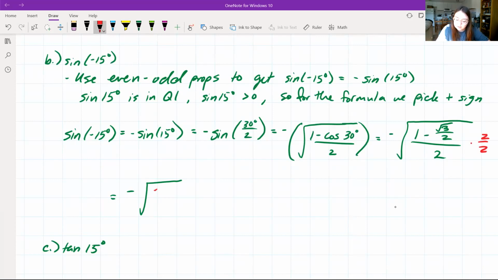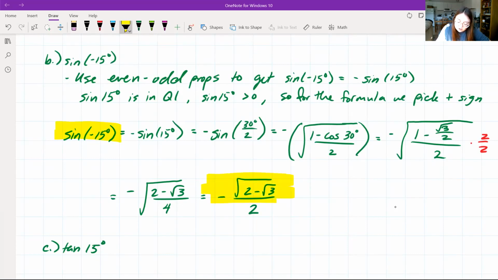This gives us negative square root of 2 minus the square root of 3 over 4, which then we simplify to square root of 2 minus the square root of 3 over the square root of 4, which we know is 2. So sine of negative 15 degrees will end up being negative square root of 2 minus the square root of 3, all divided by 2.